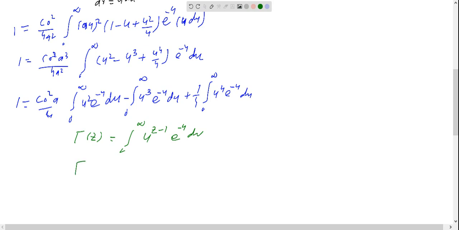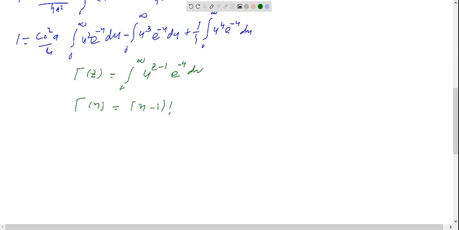So this gamma function can be written as n minus 1 factorial, and therefore we can write it as C_0 squared out of 4a into gamma 3 minus gamma 4 plus 1 out of 4 gamma 5.